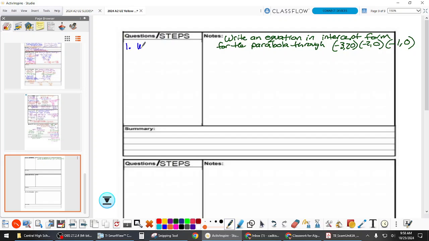So first, write down the form. In this case, intercept form. Is it wrong to say y here instead of f of x? So if you prefer, and you write it on your quiz, if you write y equals, that's fine.